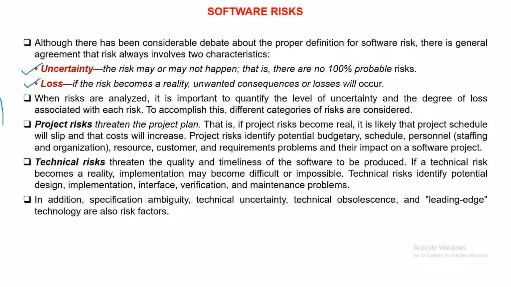If these are the two factors associated with a certain condition, then you can say that it is very risky. If the situation is uncertain, meaning it may happen, it may not happen. If you are 100% sure, then it is not a risk.